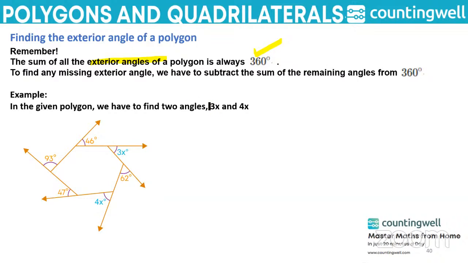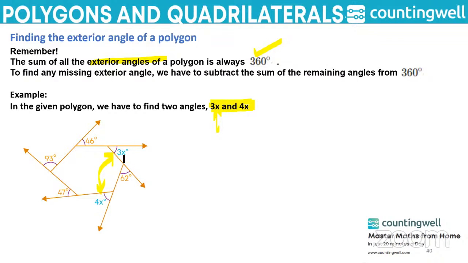And if you want to find the two angles 3x and 4x, the goal should be to find the unknown variable here, x. For that, you will add these measures and take it equal to 360 degrees. As 3x and 4x are like terms, they will give you the sum 7x.